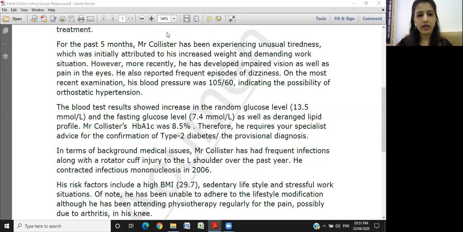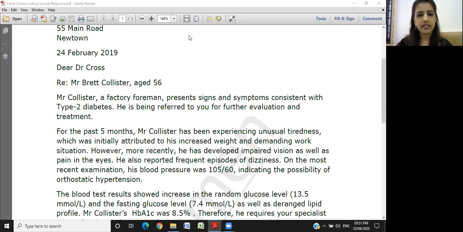Okay. So here in the case notes, it mentions that it is a preliminary diagnosis. It is not yet confirmed. So a brief introduction of who they are and signs and symptoms consistent with, because we are not yet sure about the confirmed diagnosis. And diabetes, the word itself doesn't require capitalization, but if you are using type 1 or type 2, then the T would be capital.